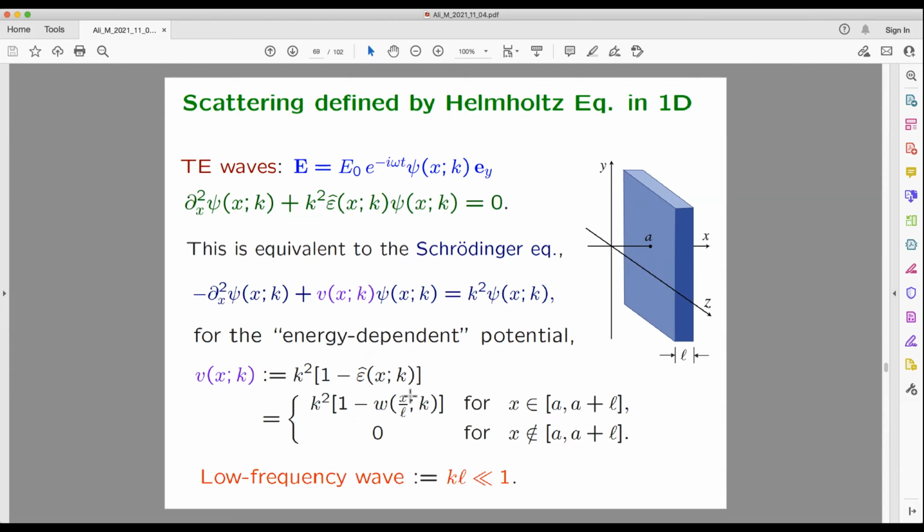Now, by low frequency, I mean that I'm looking at waves such that KL is much less than 1. Okay, so it's long wavelength. So L will give me the scale with respect to which I define low frequency or large wavelength.